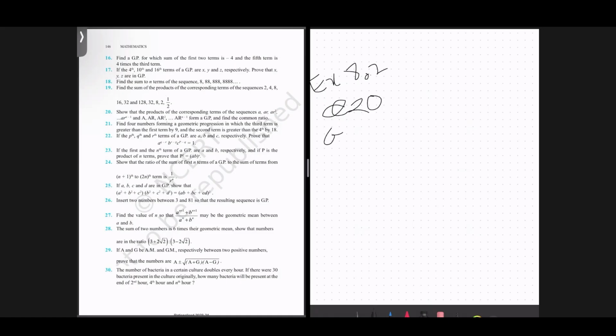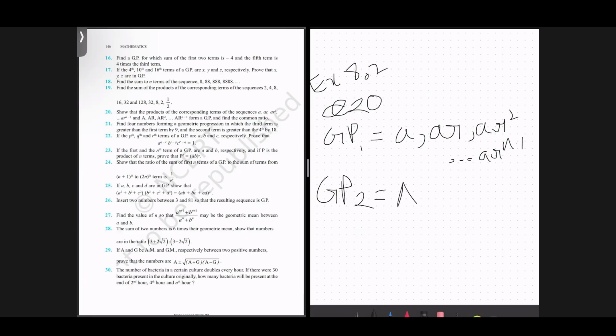The first GP, GP1, is a, then you have ar, then you have ar square, and so on and so forth, up until ar raised to the power n minus 1. This is GP1, right? GP2 is going to be capital A, capital AR, capital AR square, up until capital A, capital R raised to the power n minus 1.